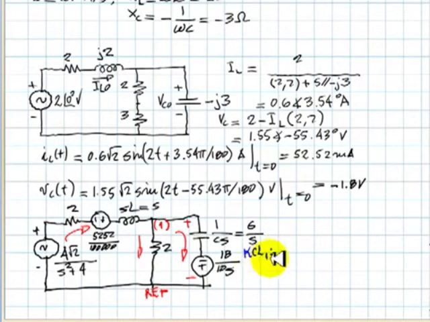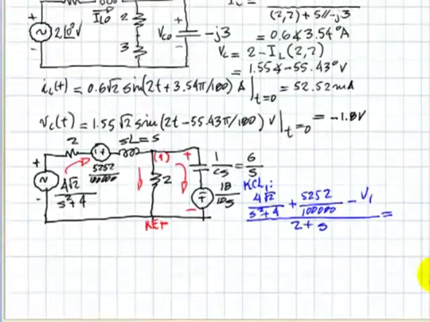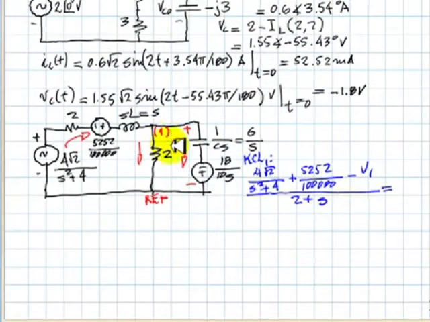Let me write it here. 4 root 2 divided by S squared plus 4, plus the value of this source, which is 52 divided by 100,000, minus V1 divided by the impedance of the branch, which is 2 plus S. And that is equal to the current that leaves the node, this one, V1 over 2.